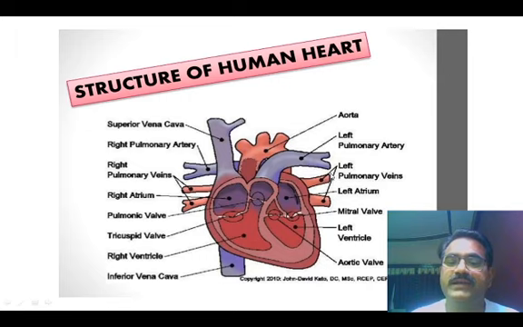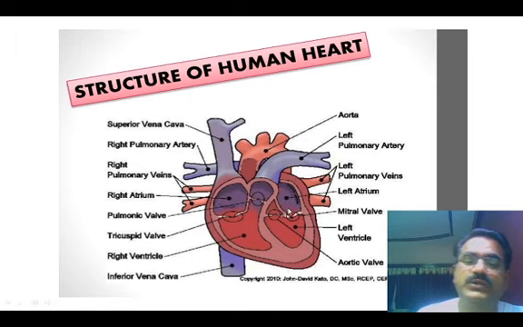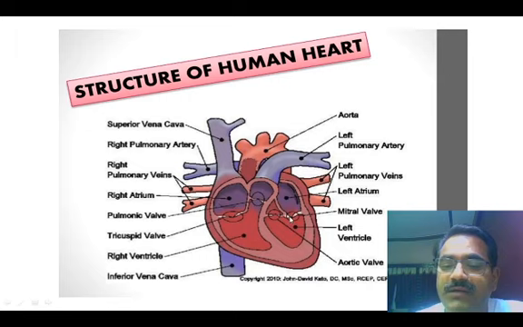These pulmonary veins receive the oxygenated blood and open into the left atrium, and from the left atrium blood enters the left ventricle with the help of the opening known as the left auriculoventricular aperture, which is guarded by the bicuspid valves, also known as the mitral valves.